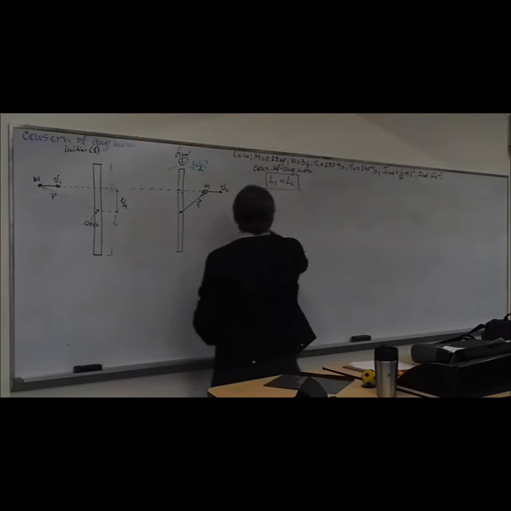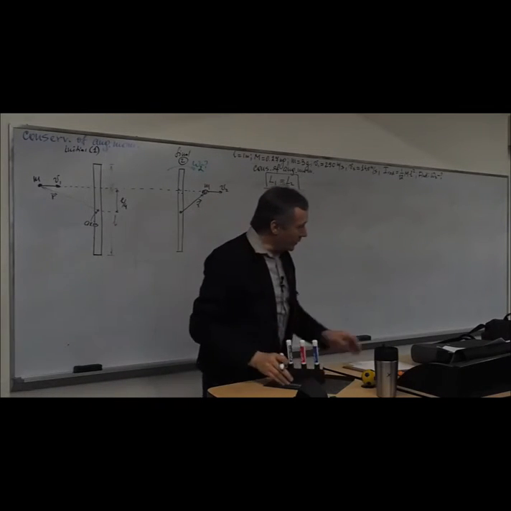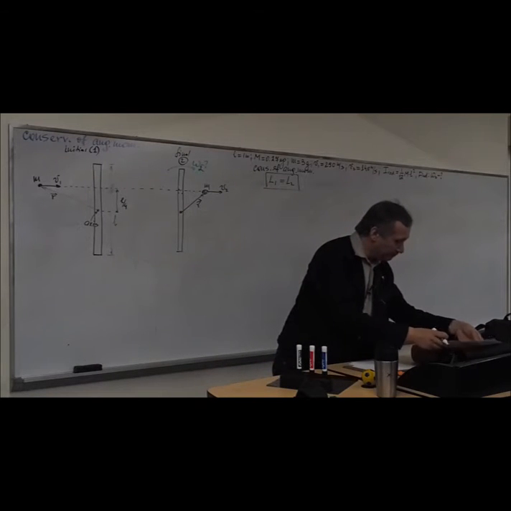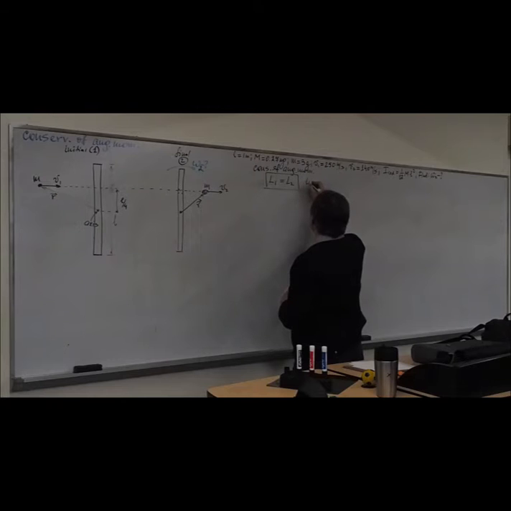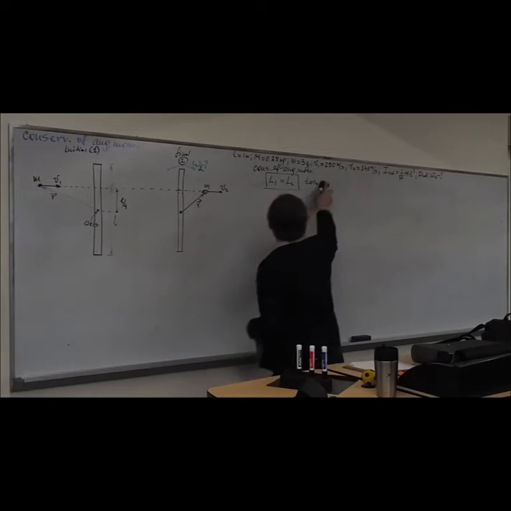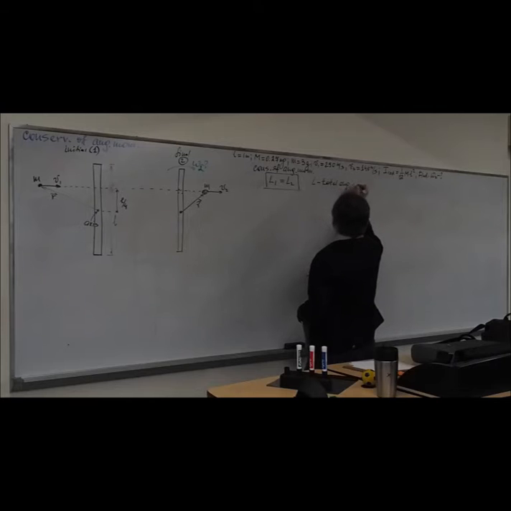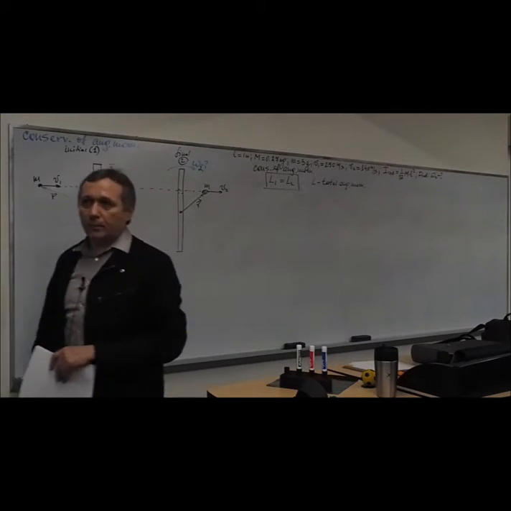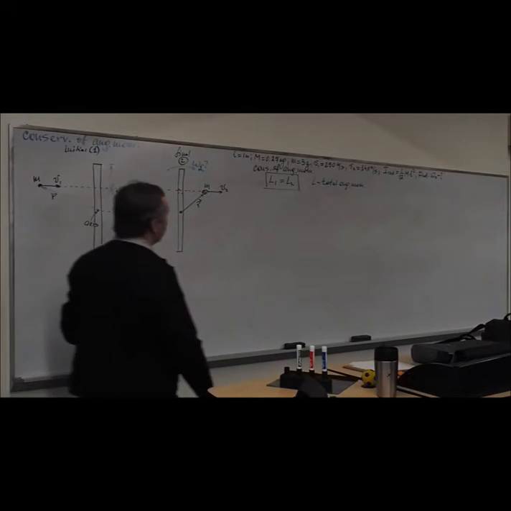Okay, so now let me write explicitly. The system consists of two objects. Let me follow my notes, which way I labeled them. Yeah, this is of course total angular momentum. L is the total angular momentum, because the system consists of two objects: a bullet and this rod or stick.